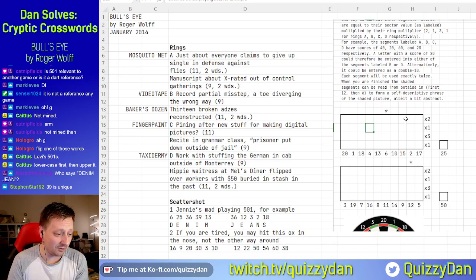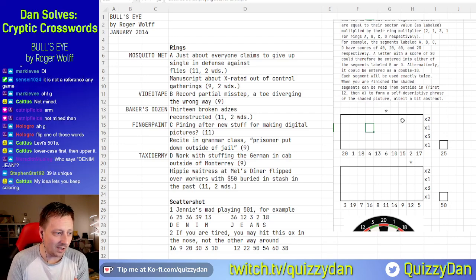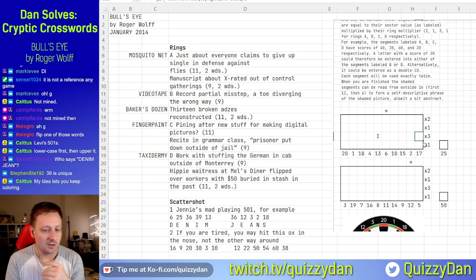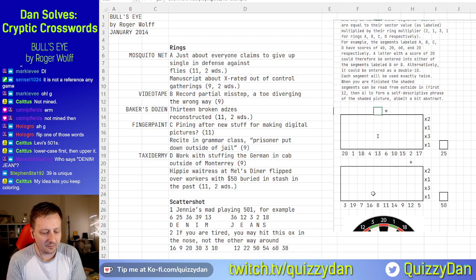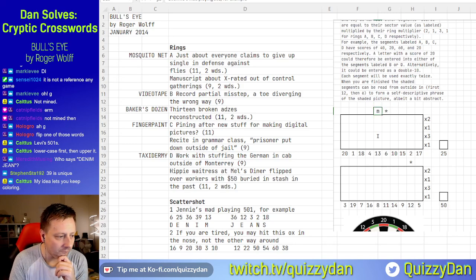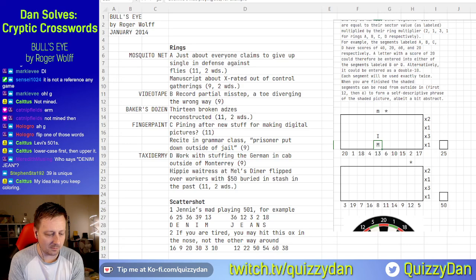So let's not do that. The 39 is unique, and we've got an I, unfortunately. So that's triple 13. Unfortunately, there's more than one I in finger paint. M is 13, so we know we've got an M in this row. I'm going to put an M up here. It could be taxidermy here, of course, couldn't it? Could put the M here for taxidermy. Let's put that small.